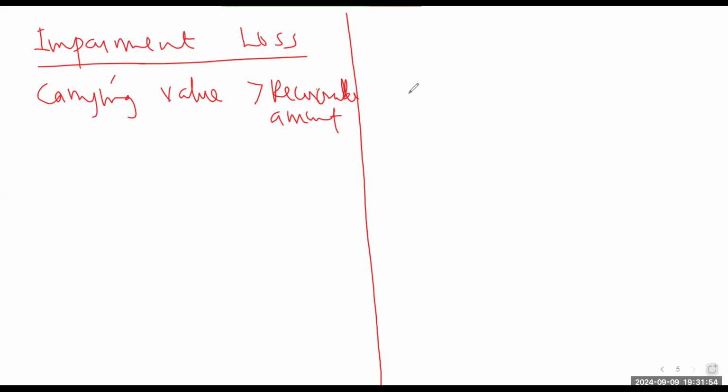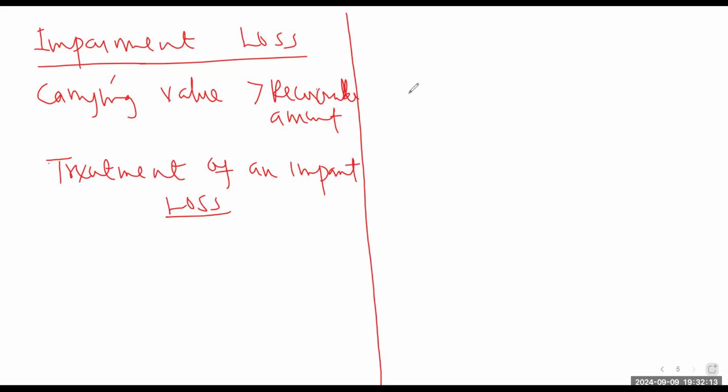If there is an impairment loss, what is the accounting treatment? We are doing this for a single asset that can generate cash flow independently on its own.